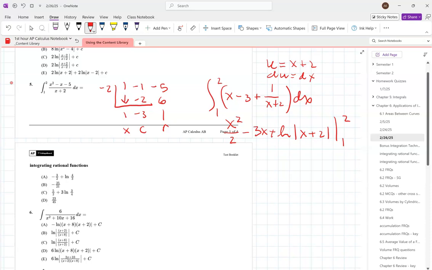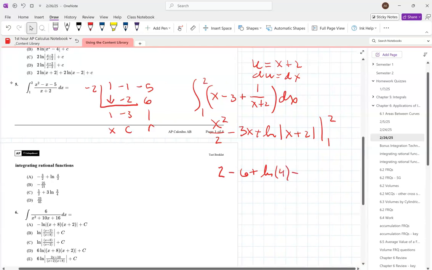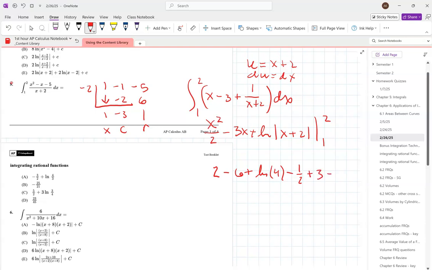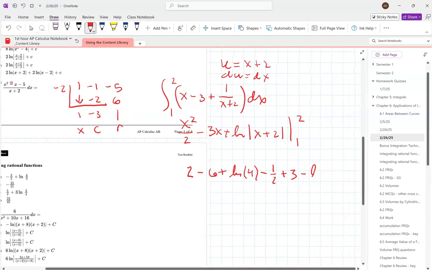So we have 2 squared over 2. That's going to be 4 over 2, or just 2. 2 times negative 3, that's negative 6. And then log of 4, and then minus 1/2 plus 3 minus log of 3.